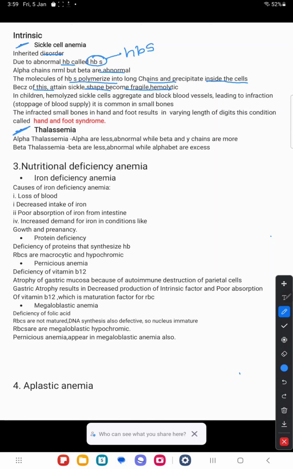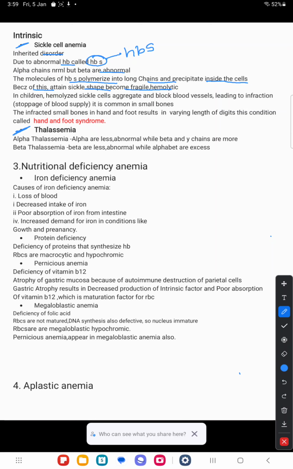See, actually what happens in sickle cell anemia is that the alpha chains are normal, but the beta chains are abnormal, and the molecules of HBS polymerize into long chains and precipitate inside the cells, which causes the RBC shape to change. It will become sickle shaped. Actually, the RBC shape is biconcave. When there is a change in the shape of the RBC, the movement within the blood vessels becomes problematic.